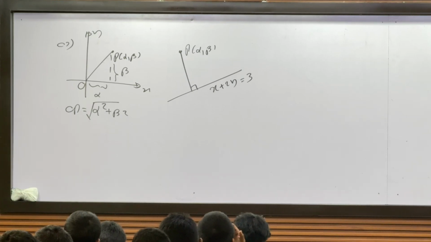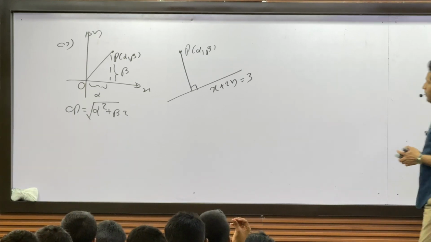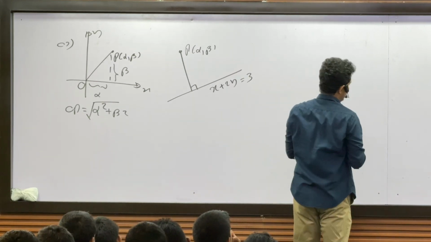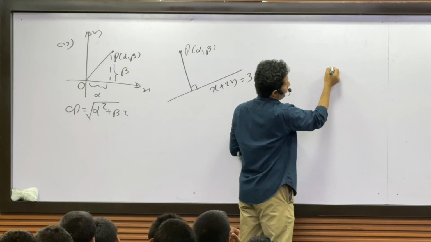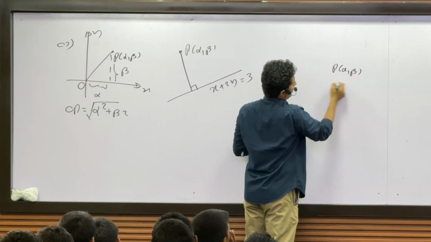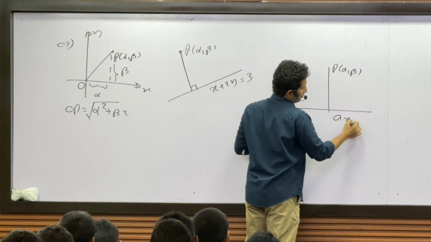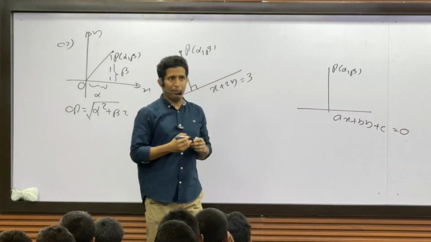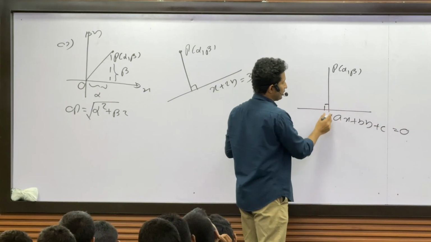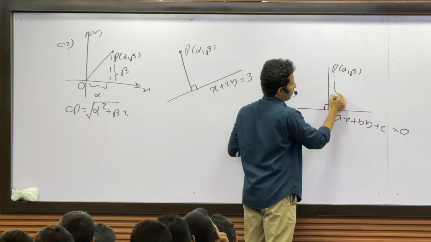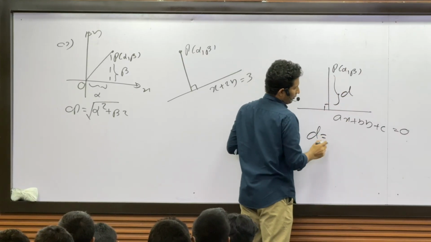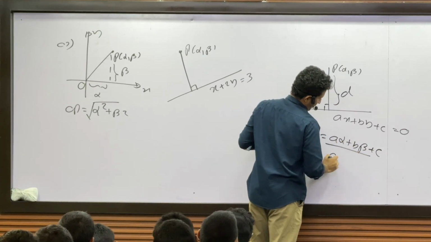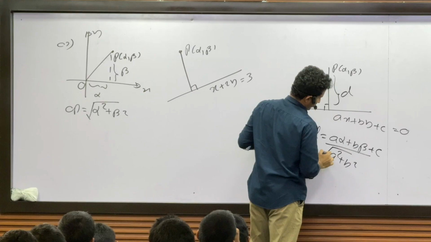The perpendicular distance from P(alpha, beta) to the line ax plus by plus c equals 0 is d, given by the modulus of a alpha plus b beta plus c, over the square root of a squared plus b squared.